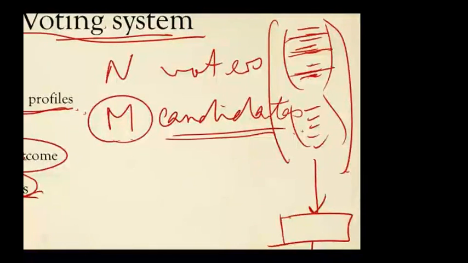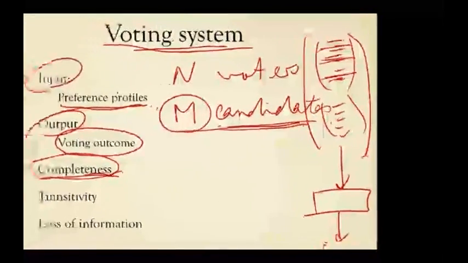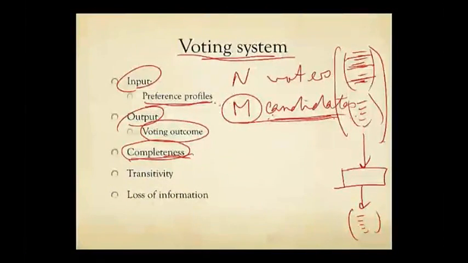And in certain voting systems, you have so many candidates that it's impossible to ask people to completely rank them. You just say, tell me who's the number 1 you really want, and then I'll work with that information. So clearly, incomplete input will make the theory richer, but we will not have time to cover that.